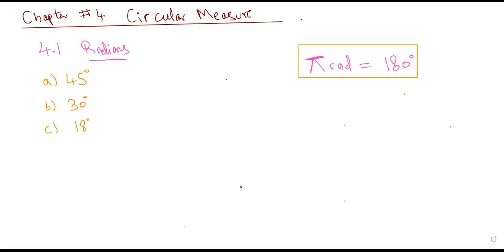So let's say that we have 45 degrees. What we do is, again, pi radians will give you your angle in radians, and 180 will give you your angle in degrees. Pi equals 180. For 45, we don't know the angle in radians.